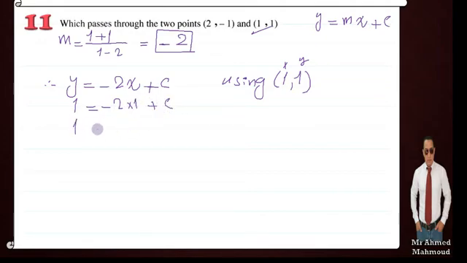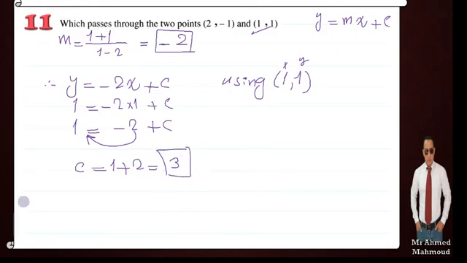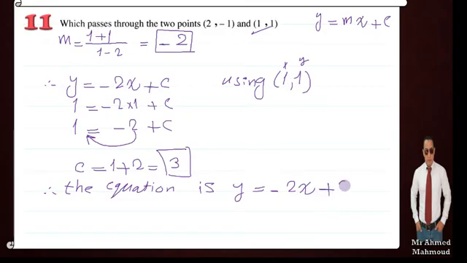Okay, 1 equals negative 2 plus c. Send negative 2 here, so c equals 1 plus 2 equals 3. Therefore, the equation is y equals negative 2x plus 3.